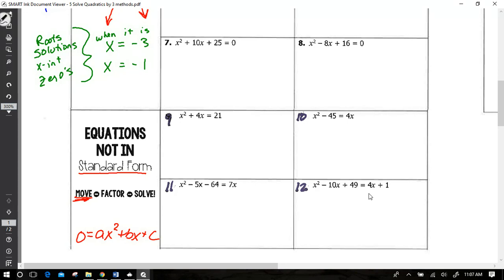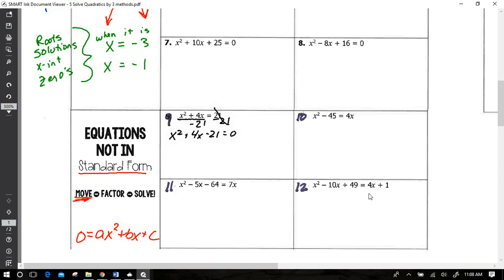So whatever side there is more information on, I am just going to move the other, like the -21, over to that side. So now I have x squared plus 4x minus 21 equals 0. So I did step 1.